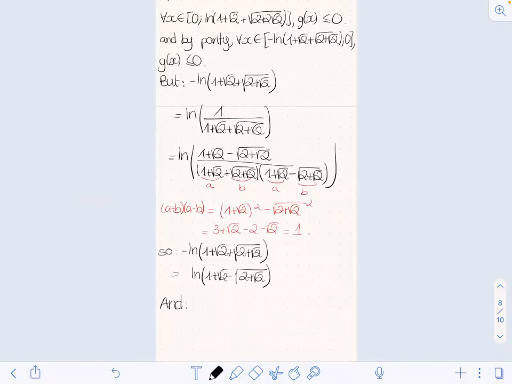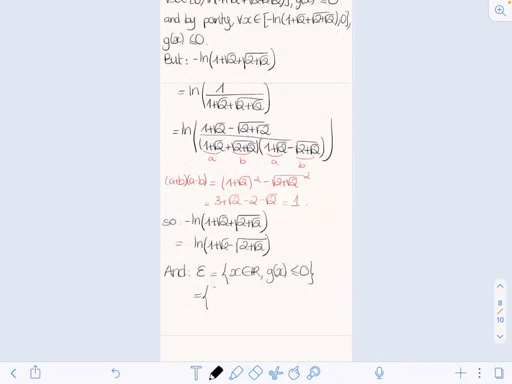So if we want to conclude on the solution set to the initial question, if we set E equals the values of x in R for which g of x is negative, that's equal to the interval.